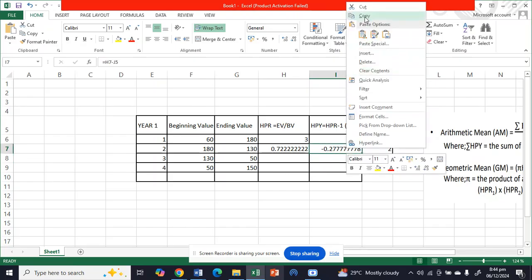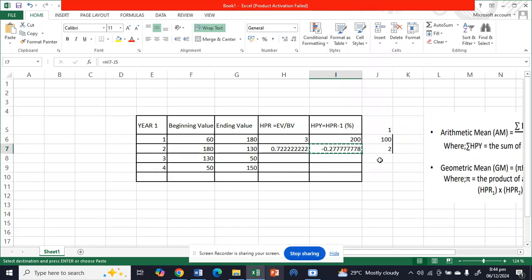And then we multiply this by 100. This shows us that our investment has decreased by 27.77%, or it has decreased by 0.72 times its original value.